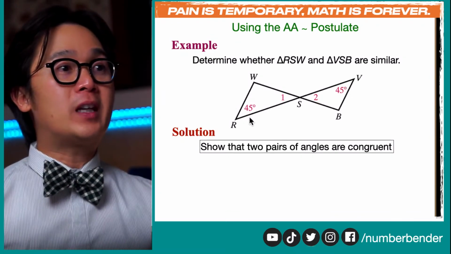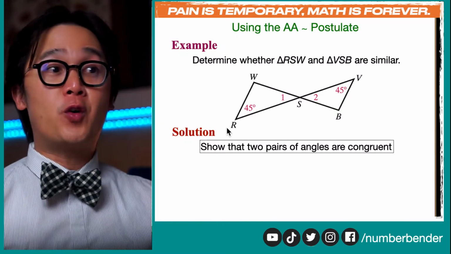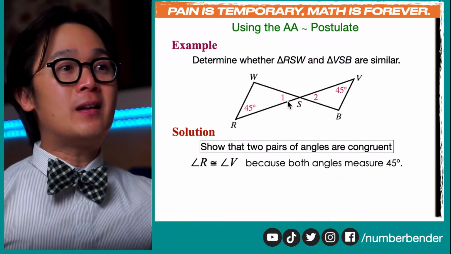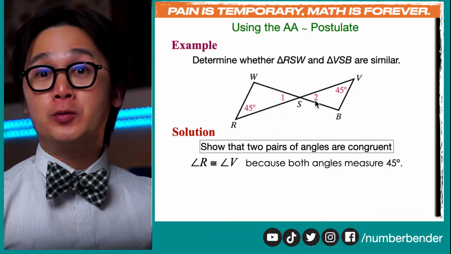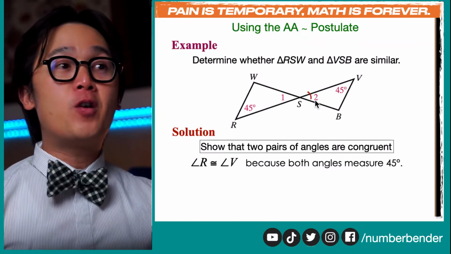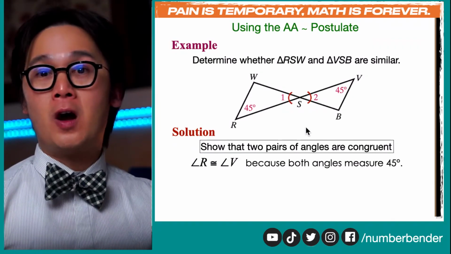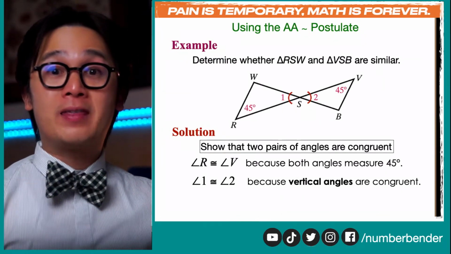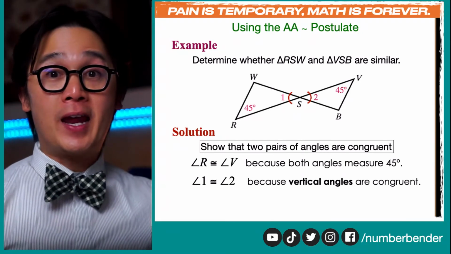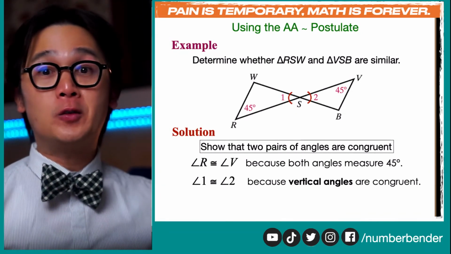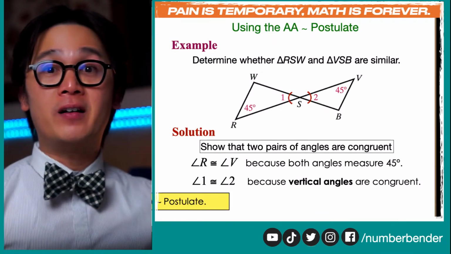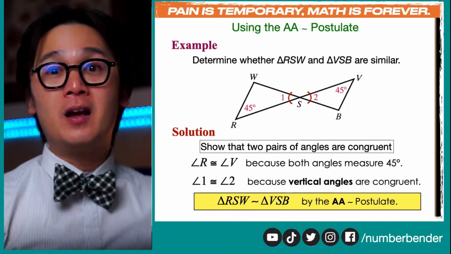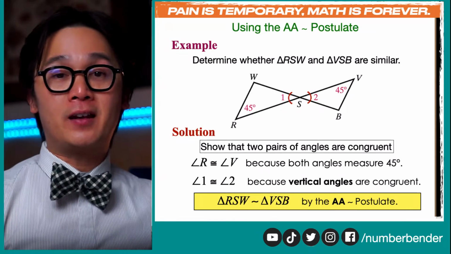Even though we're only given one angle measure, 45 degrees for both R and V, we can have angle 1 and angle 2 and prove that they are also congruent because 1 and 2 are vertical angles. Therefore, we're able to show that we have two pairs of corresponding angles in these two triangles that are congruent. So we can say that triangle RSW is similar, not congruent, but similar to triangle VSB using the angle-angle similarity postulate.